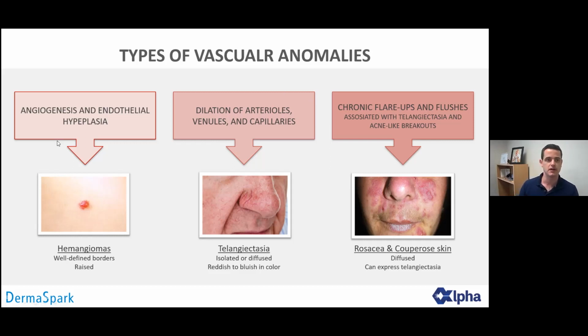We have anomalies or vascular disorders that are characterized by angiogenesis and endothelial hyperplasia, which means hyperproduction of capillaries and arterioles and venules. And these are usually lesions that are manifested as hemangiomas.